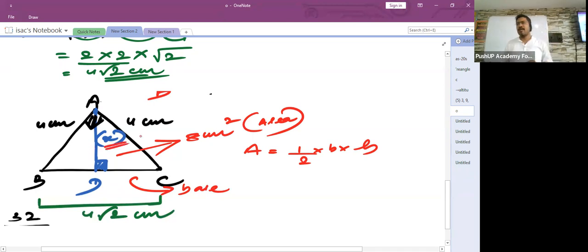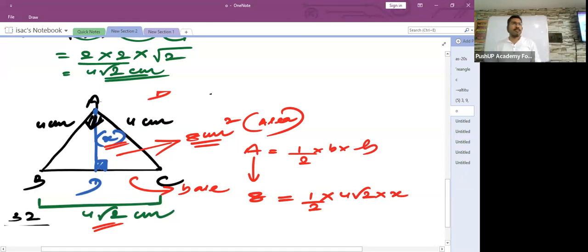AD, isn't it? Which is taken as X. So children, how much is the area of this triangle? You already know. It is 8 centimeters square, which is equal to 1/2 into, how much is the base? Just now you found the BC value, 4 root 2, into, how much is the height? It is X, isn't it?